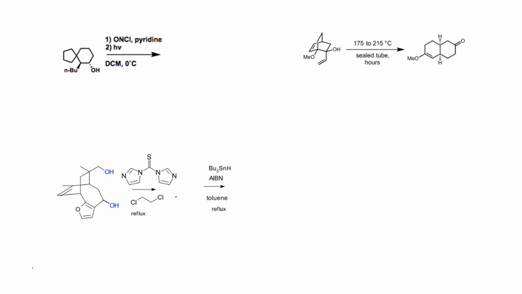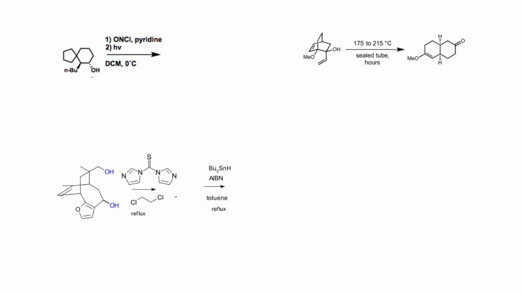So here what is given is NOCl and pyridine. Wherever NOCl and pyridine are given, you can get an idea it can be a Barton nitrite photolysis reaction. So let's try to do that.